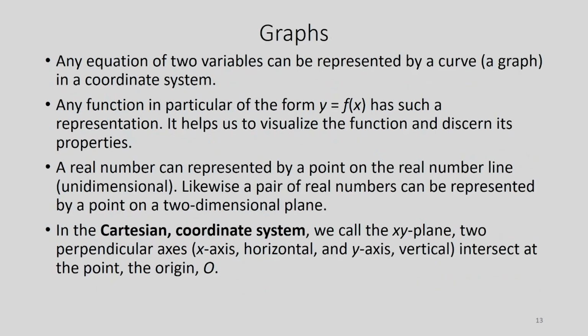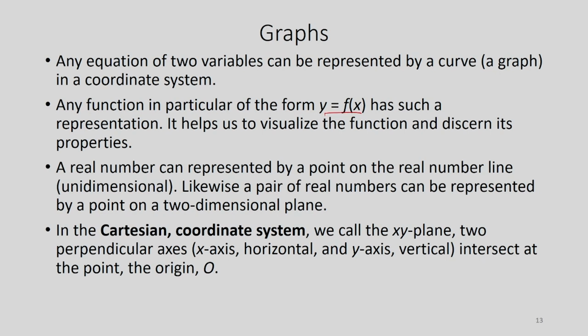We now come to what are called the graphs of functions. Any equation of two variables can be represented by a curve or a graph in a coordinate system. Any function in particular of the form y is equal to f x has such a representation.